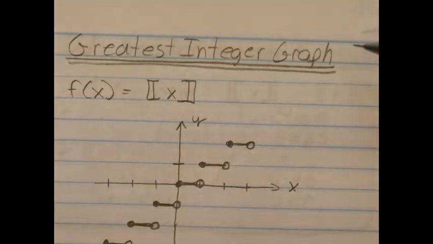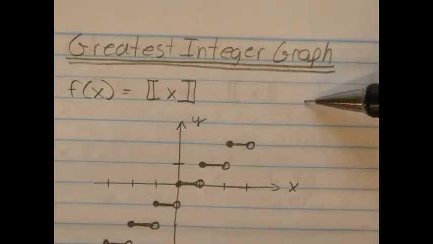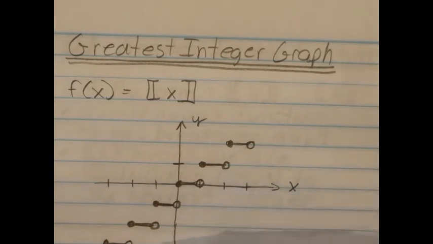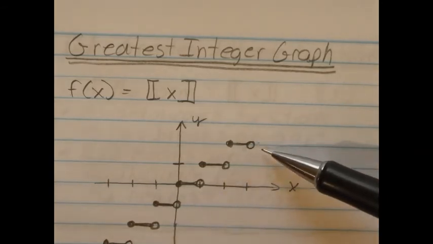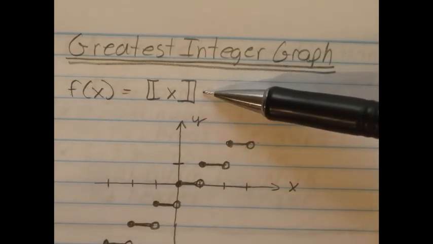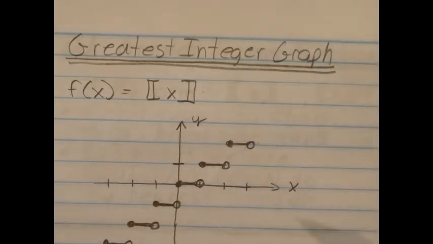As far as graphing greatest integer functions, let's take a look at this, because I did tell you that it was a discontinuous function. This is the original graph. This is the function, the greatest integer of x. And if you watch how I do this, this is really interesting. Notice that on one end, it is a closed circle.